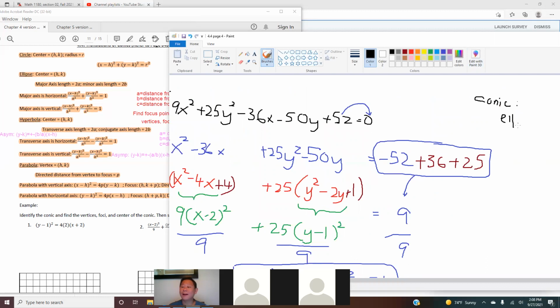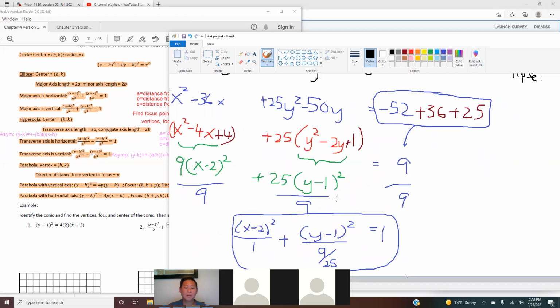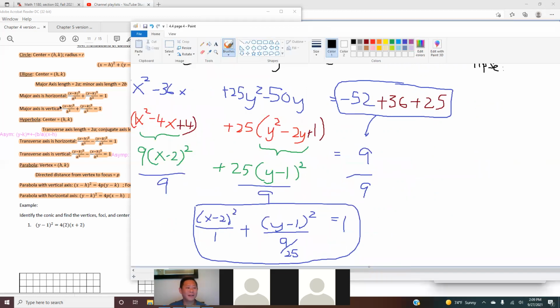I cannot hear that. And you need to tell me why you say that. Calvin, is that you? I cannot hear you. It's vertical because the b squared is bigger. Which one is bigger, 1 or 9/25? 1. So this will be a squared, right? Yeah.